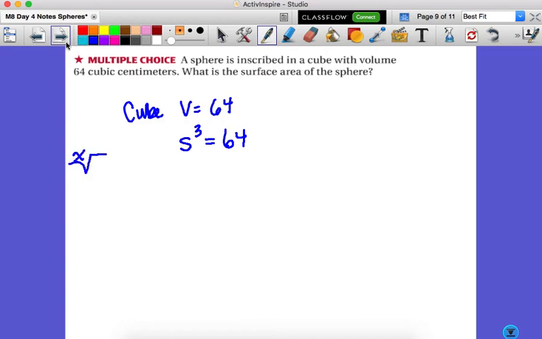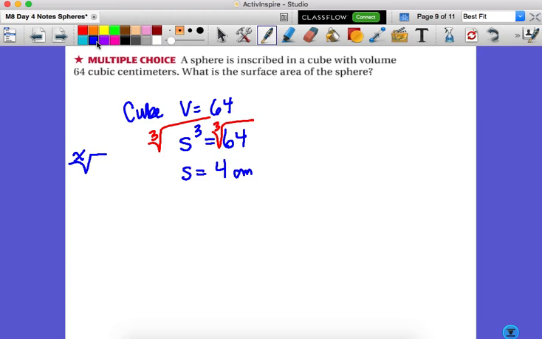It looks like X root. So we're going to hit second and that button, and what that does is it takes whatever number you put out front as the power of the root. So we're going to take a cube root of both sides. So the cube root of 64 tells us that each side of this cube is 4 centimeters long.